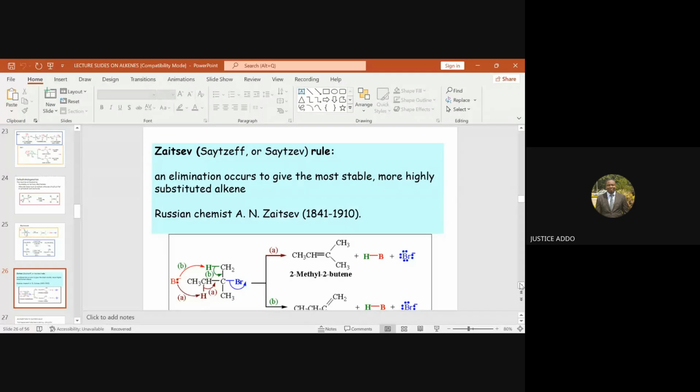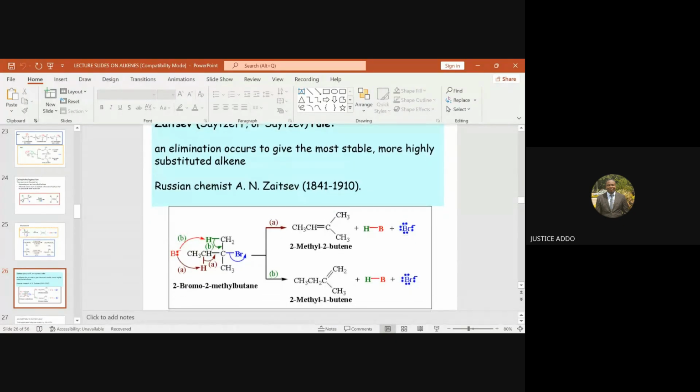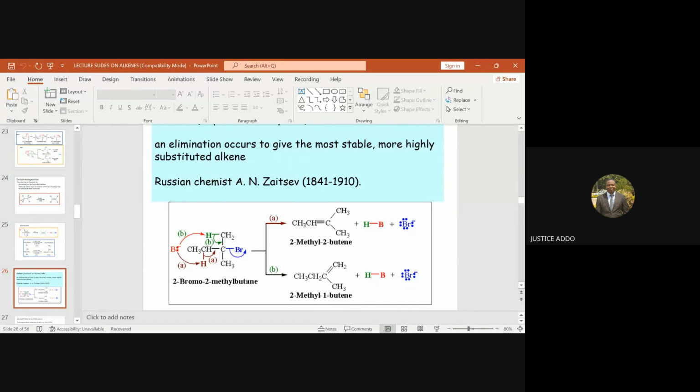The Zaitsev's rule says that during an elimination reaction, the most stable, the most highly substituted alkene is formed. So whenever you are doing your elimination, that should be the guide.